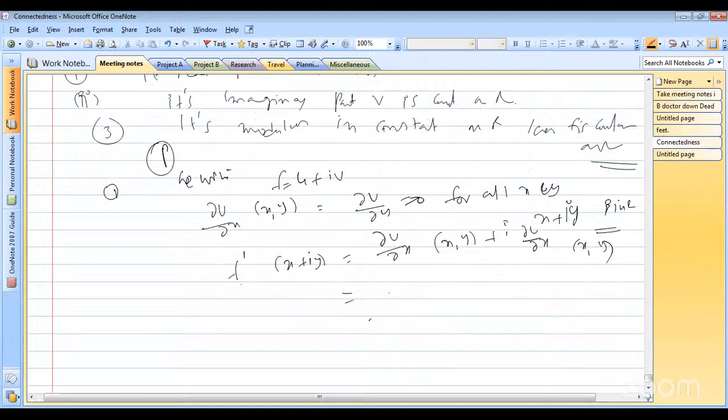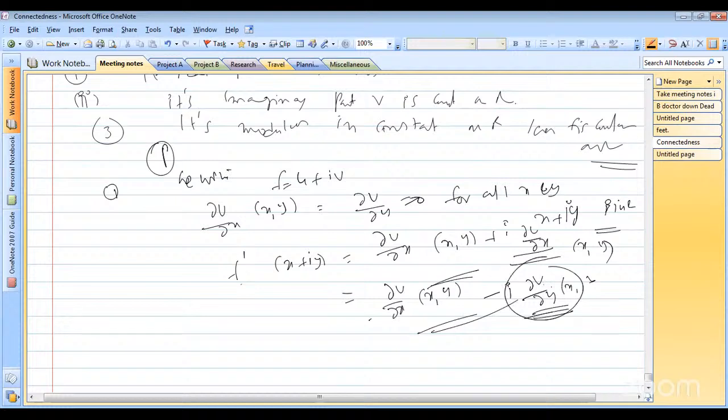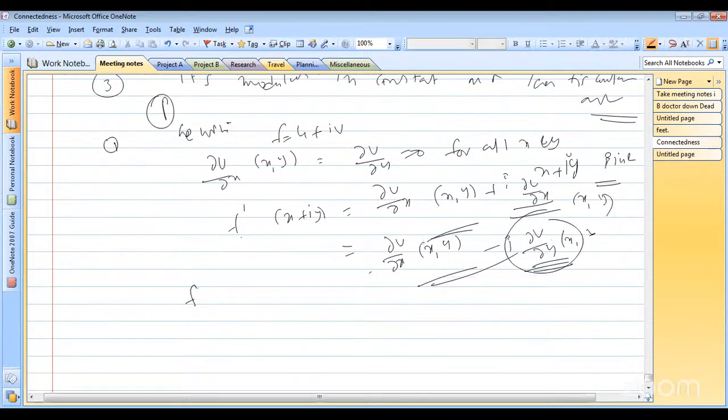Then, taking ∂u/∂y minus i times ∂v/∂y, and using the Cauchy-Riemann equations, the condition is satisfied. We have that f' is equal to 0 on R.